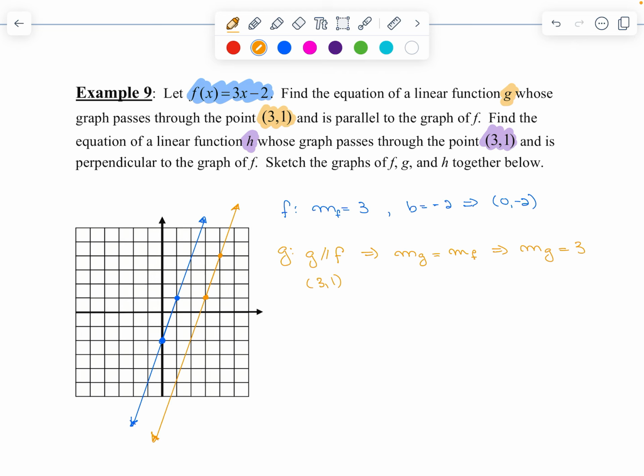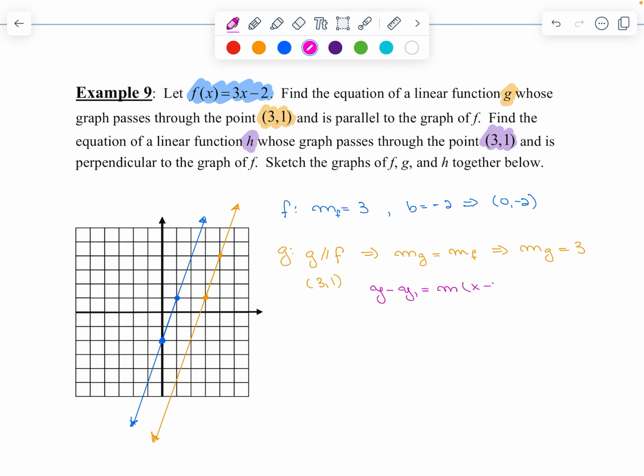Okay, now it does ask me to find the equation of a linear function. So I'm going to go ahead and find that for g. So g of x is equal to mx plus b because it's linear, but let's go ahead and use the slope-point formula, because I have the slope and a point.